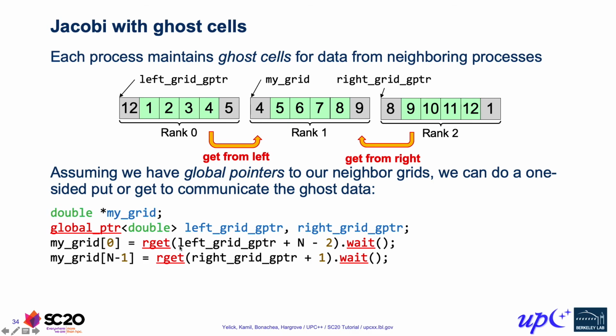And rget, since this is a scalar version and we're working on a global pointer to double, gives us a future of double, and then we can wait on that, which produces the double value, which we can then store in the appropriate location in our own grid. And similarly for our right neighbor. Now these two particular calls here don't do any overlap. When we get to the full iteration, we won't call wait immediately. Instead, we'll ensure that we're overlapping these two communications with our interior computation as we were before.